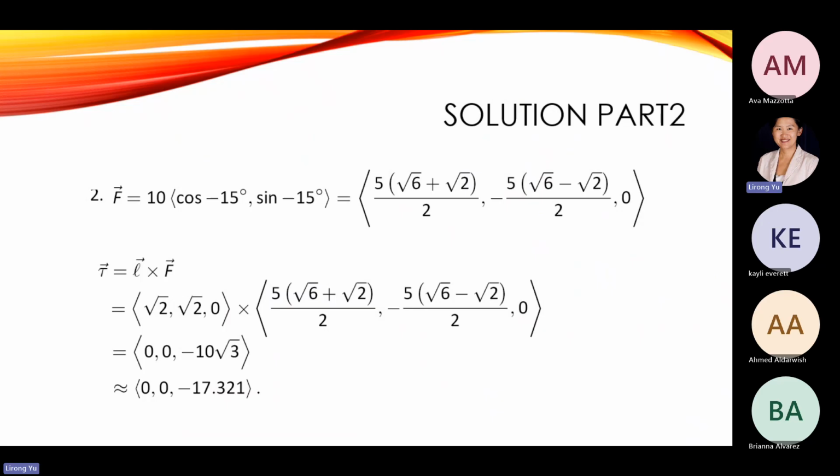Most people don't remember the root formula for cosine 15 and sine 15, so instead I kept it as cosine 15 as part of the notation. Then you do the cross multiply, and you can see the last component is negative 10√3. I used the subtraction angle formula instead of the root formula. Ultimately, the final answer, if you calculate it using your calculator, is negative 17.321.